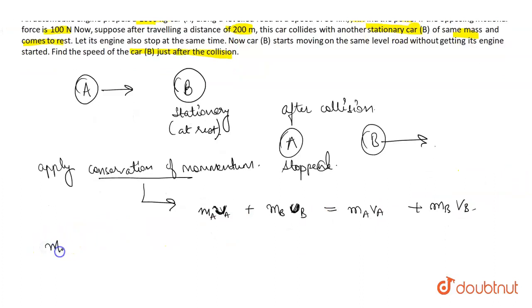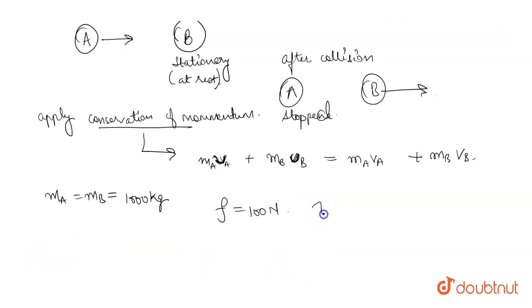m_a is equal to m_b, this is given to us as 1000 kg. This m_a is the mass of car A, m_b is the mass of car B. Now we also have F is equal to 100 Newton, and we also have the speed of car A, which was given to us as 36 km per hour.